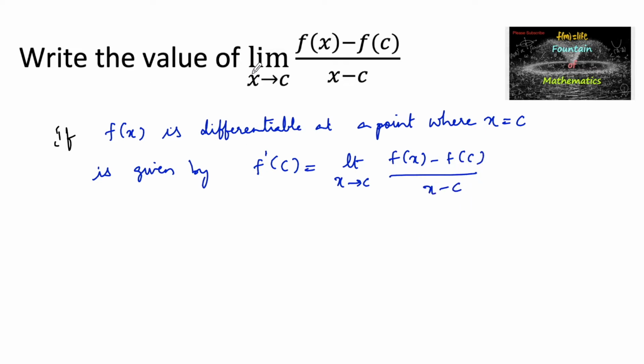So we can say that the value of limit x tends to c of f of x minus f of c upon x minus c is nothing but f dash of c.